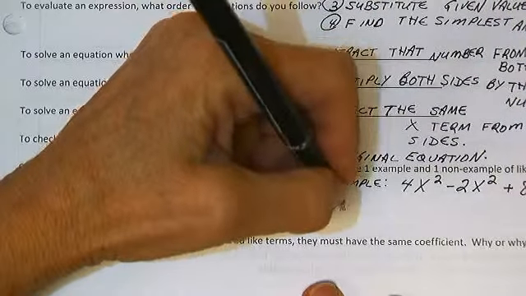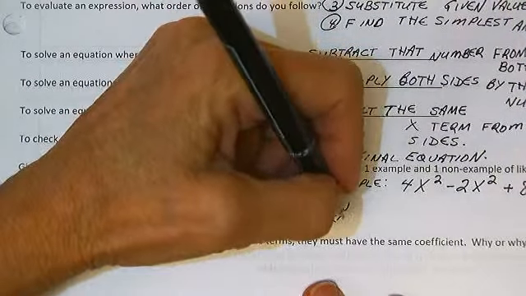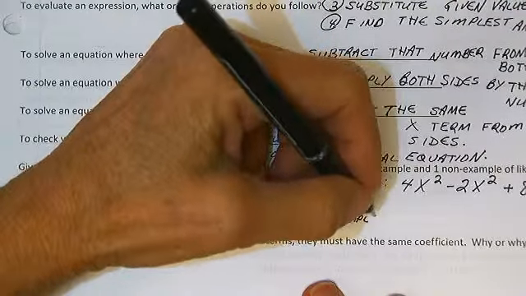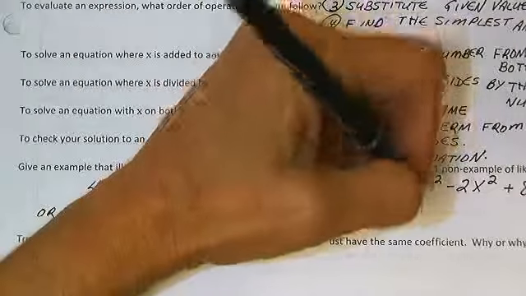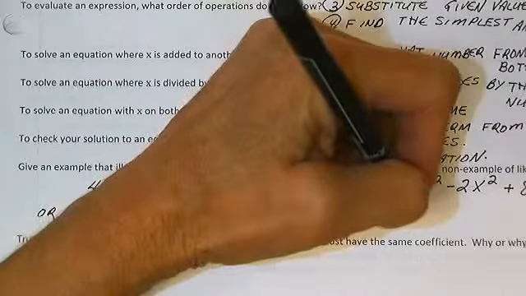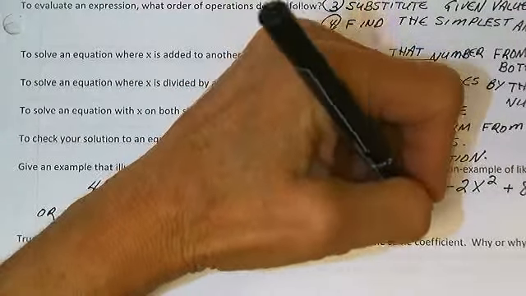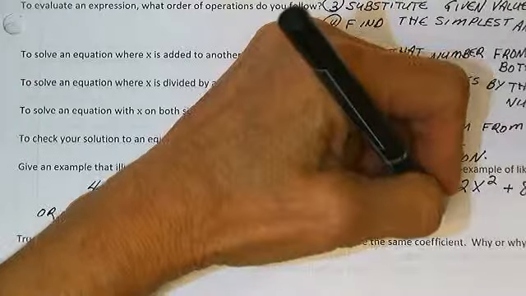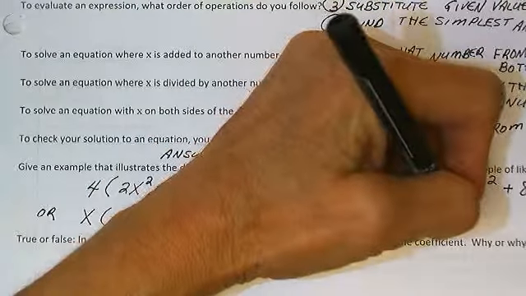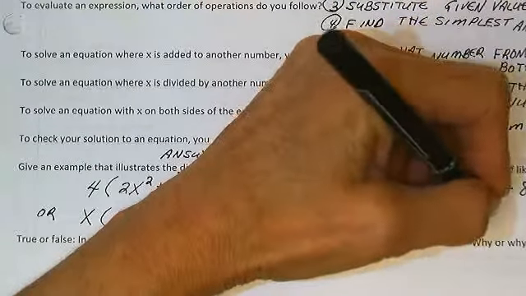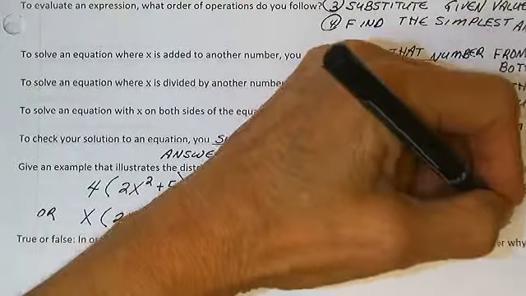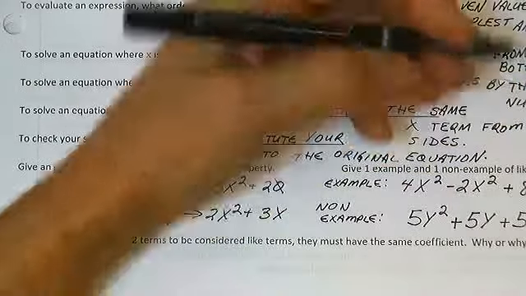A non-example would be 5y squared plus 5y plus 5.